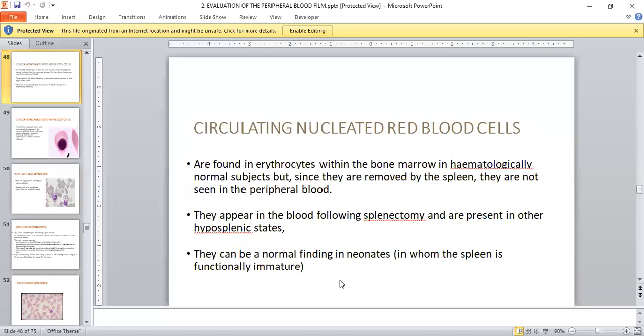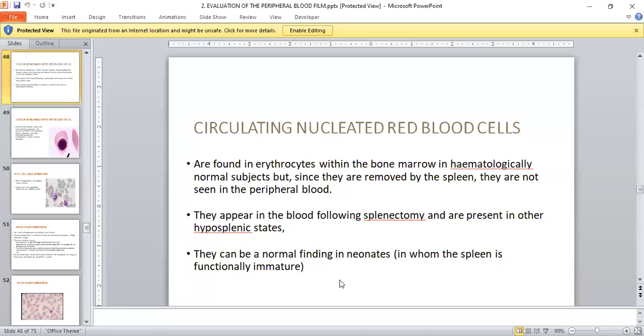You can also have nucleated red blood cells, but usually in normal functioning of the body, they're removed by the spleen. So we don't see many of them. But for patients who undergo a splenectomy, they won't be removed because the spleen is not there, so you can have more of them than normal.